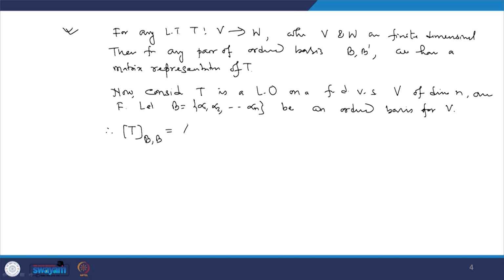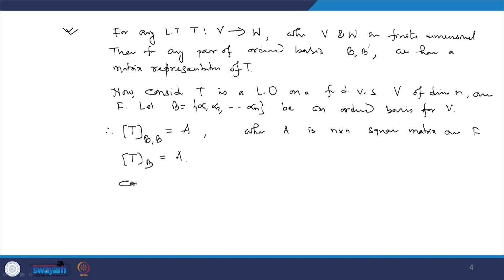Let us consider capital A, an n cross n square matrix over F. For simplicity, I will write the matrix representation of T related to ordered basis B as capital A.